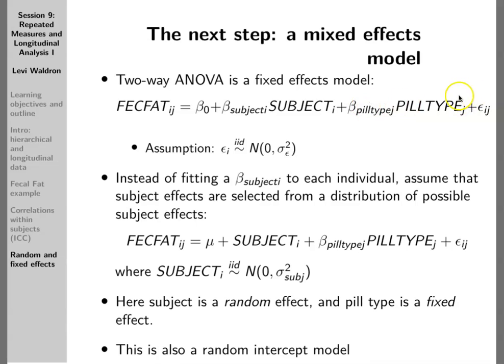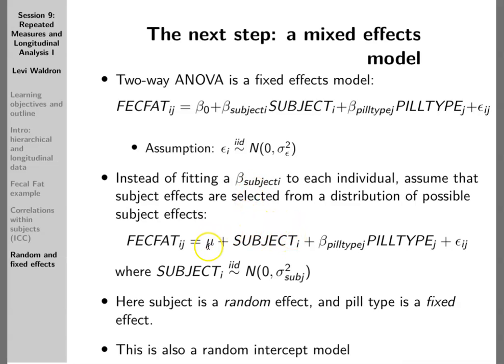This is what you are familiar with: a coefficient for each subject and a coefficient for each pill type. There's nothing new here. Now, in the mixed effects or random effects model, we're going to replace one of these terms, the subject coefficients, with, instead of coefficients, a random variable.